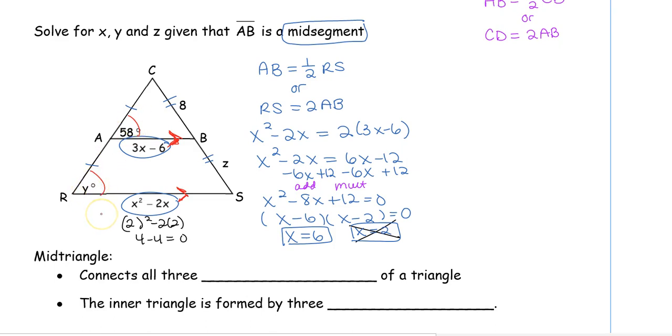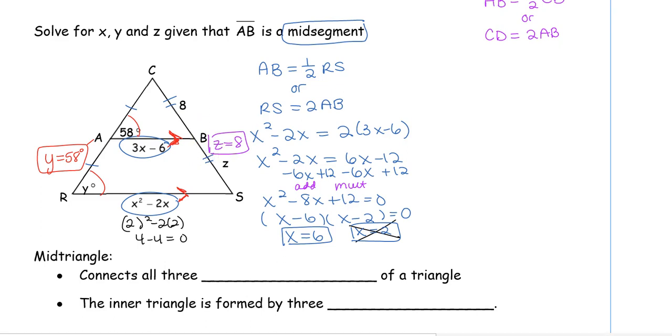And corresponding angles are going to be congruent, which means y is going to be equal to 58 degrees. Then we go to z. Well, z is segment BS. And because we were told it was a midsegment, we marked each of our sides as being congruent because B is the midpoint. If B is the midpoint, it divides CS into two equal pieces, which means that z is going to be equal to 8.